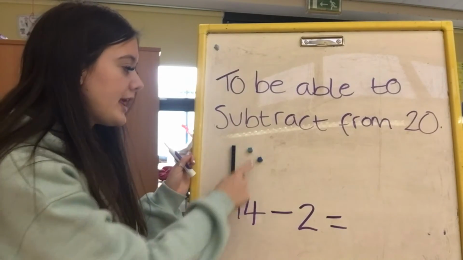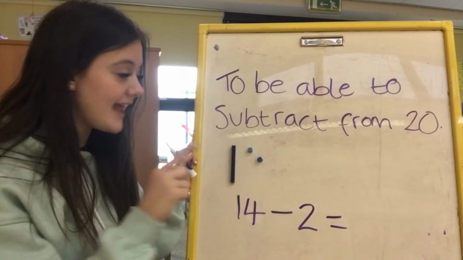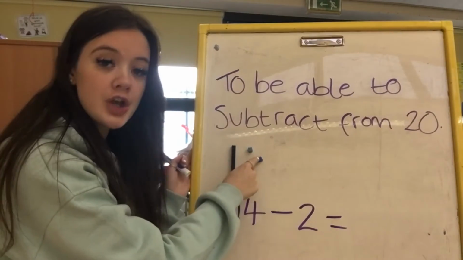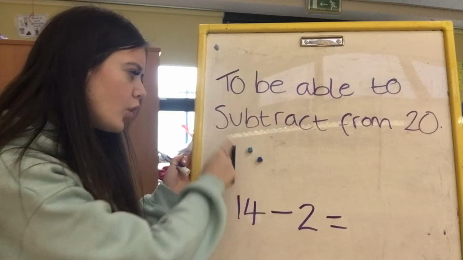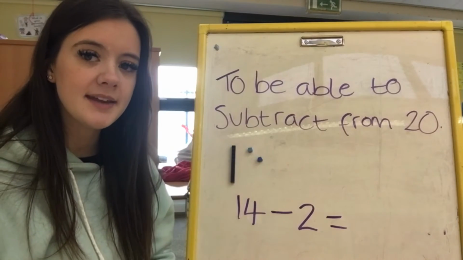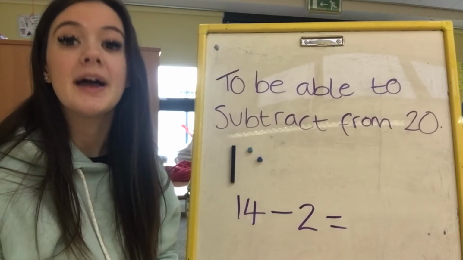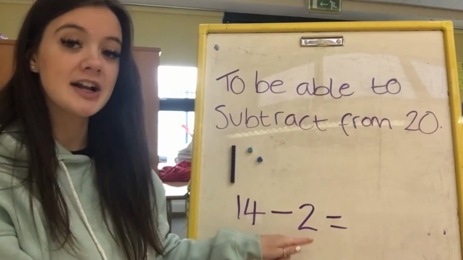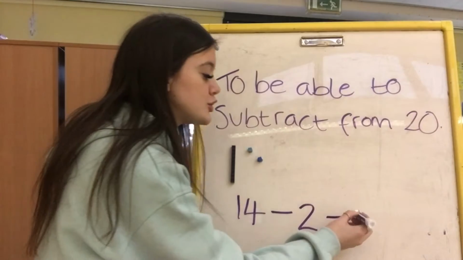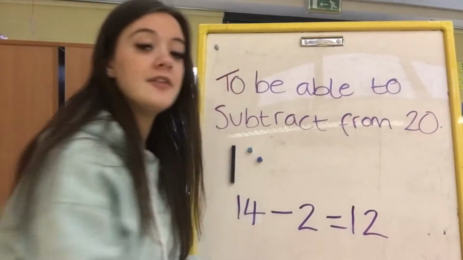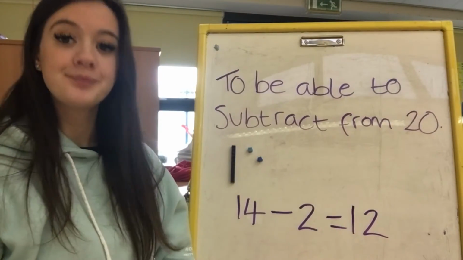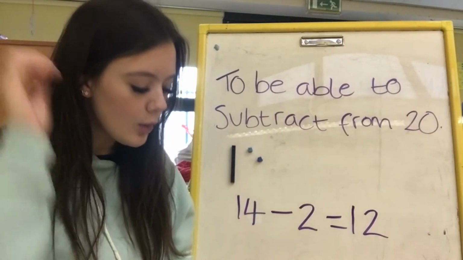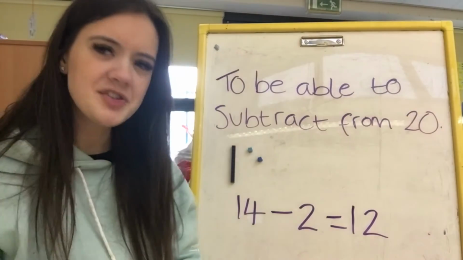Okay, so we know we have 1 10 and 2 ones. What does 1 10 and 2 ones make? It makes the number 12, doesn't it? So we know that 14 subtract 2 equals 12. Have you written this on your piece of paper? Amazing. Okay, well done. So let's do another one.